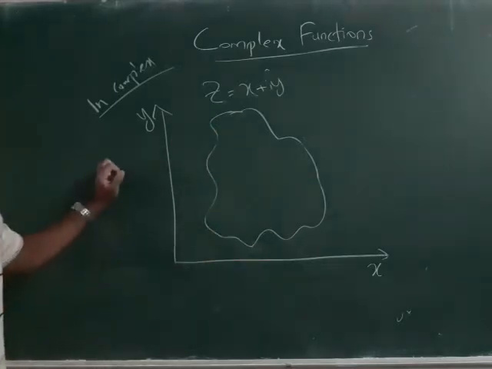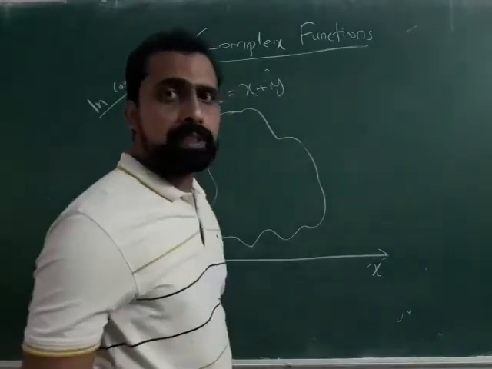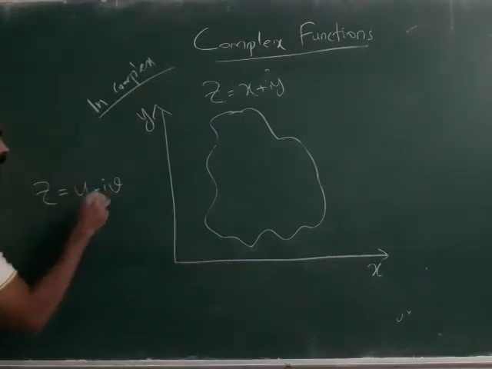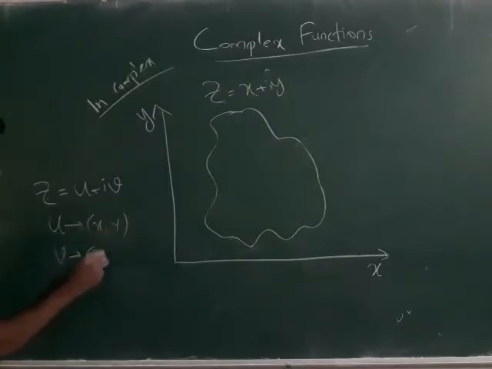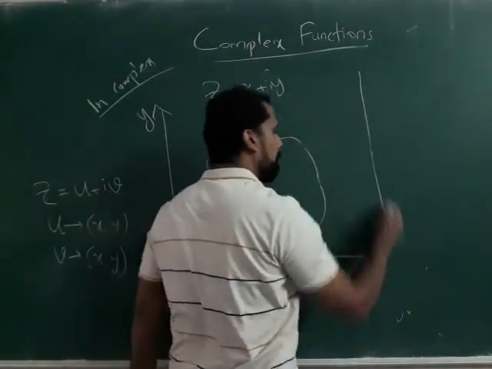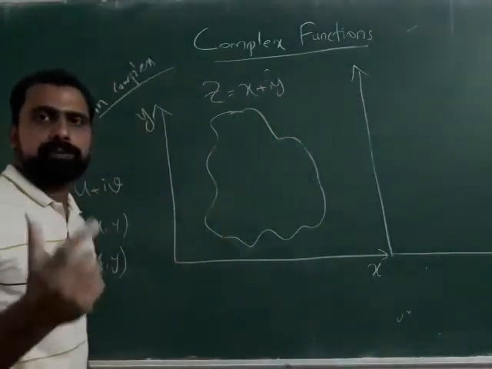Now, when it comes to a function, what would be the situation? Your complex function comes like w is equal to u plus iv, where u is a function of x comma y and v is a function of x comma y. So for each z you have some particular set of u and v.